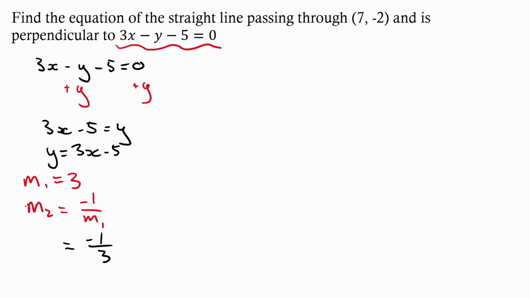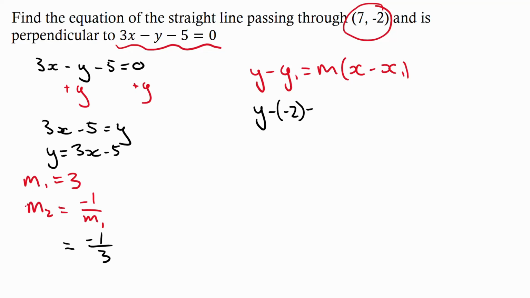We also know that it passes through (7, -2). So we have a point, we have the gradient, so we're going to use the point-gradient equation, which is y minus y1 equals m(x minus x1). Substitute the values in, so minus our y1, which was -2, we have -1/3, x take away 7.